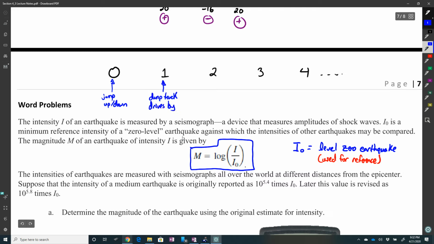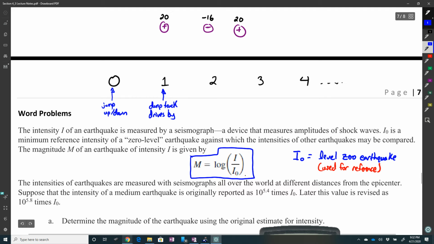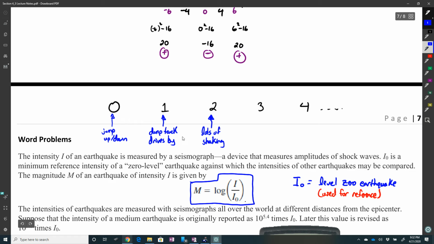Okay, so it's a big truck, and so usually you can hear it, and everything kind of shakes a little bit as it's coming because it's so huge. All right, a level 2 is something a lot more massive. This is probably like very harsh winds, lots of shaking. And then 3, this is where it starts to get really, really bad. This is where people can get hurt.